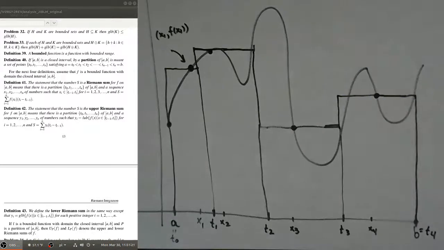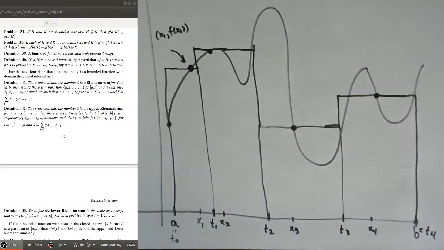So if you look at the definition of an upper Riemann sum, you still have a partition, so we'll use the same partition, and they have a sequence of numbers, and these numbers are determined by this formula, and then you look at again the same sum. So what is going on here? We're talking about the least upper bound of values of the function f.